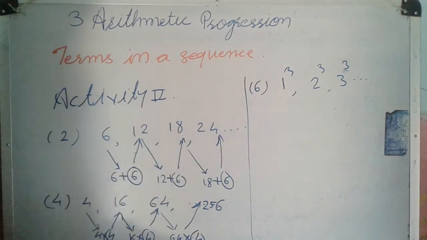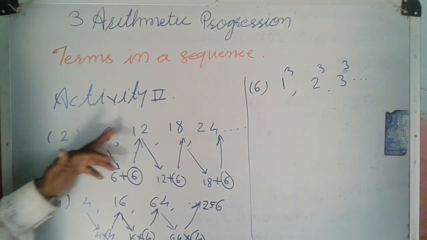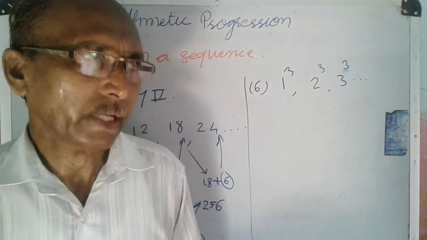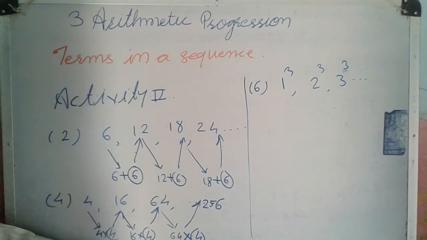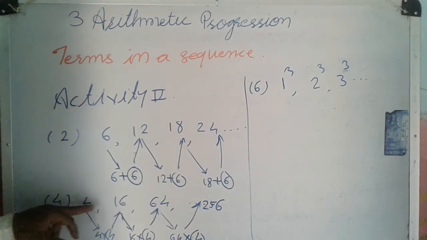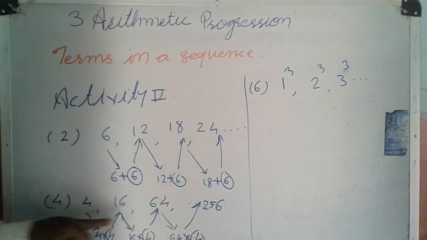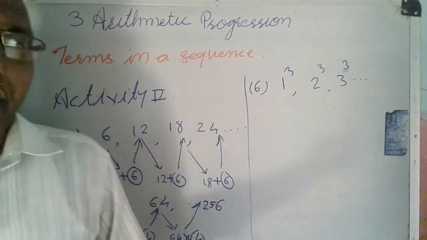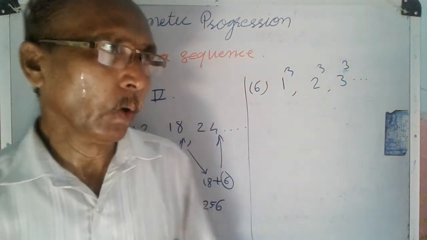So in this case, the first arrangement 6, 12, 18, 24 is called an arithmetic progression, and in this example 4, 16, 64, 256, this sequence of numbers is called a geometric progression.